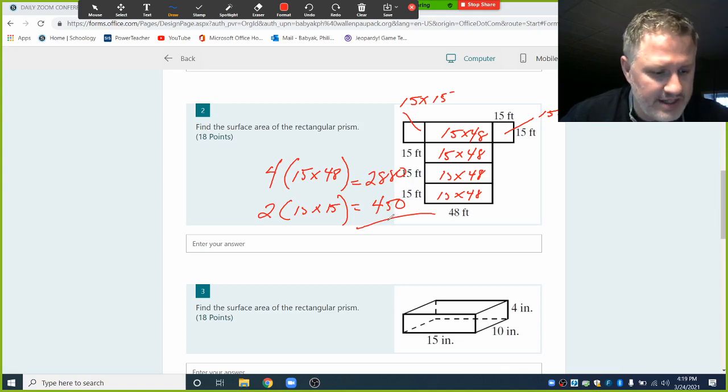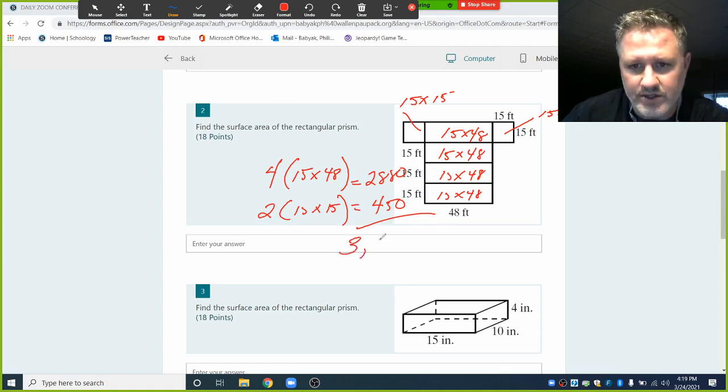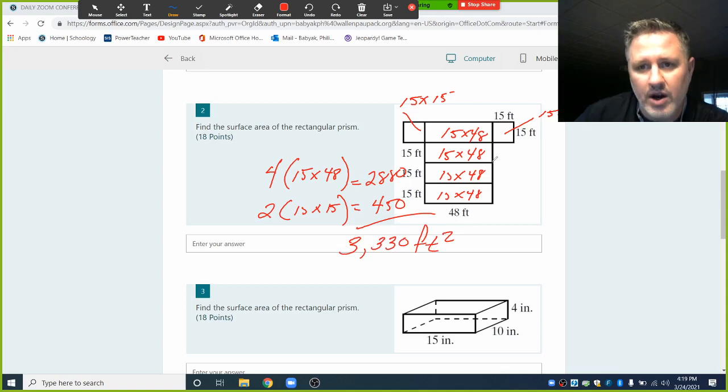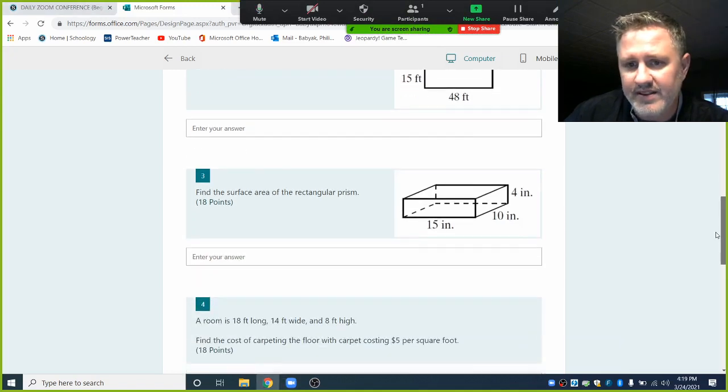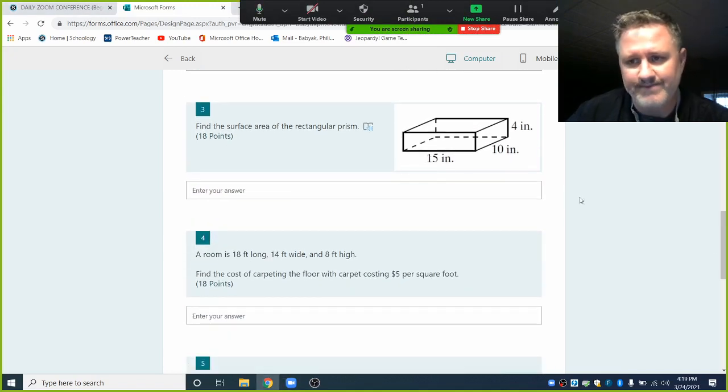So last but not least, add them together. And let's see. 2,880 plus 450, you should get 3,330 feet squared. All right, and basically it's just finding the area of 6 rectangles and adding them together. It's that easy.